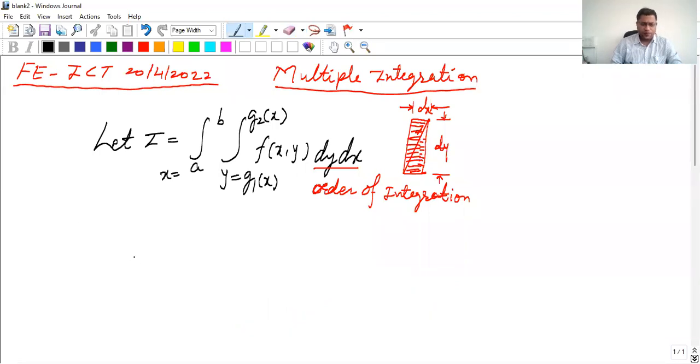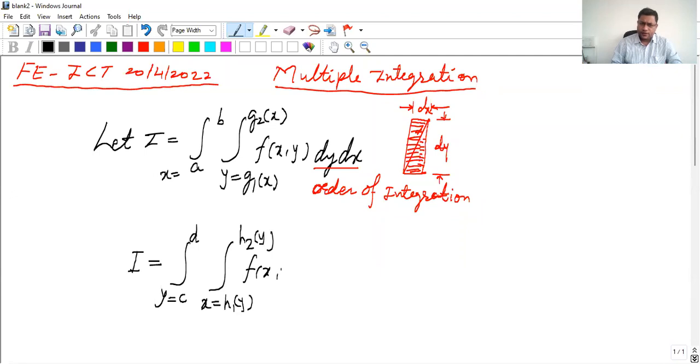By Fubini's theorem, the same integral can be written using a change of order. Here y runs from c to d, and x runs from a function of y, h1 of y to h2 of y. The function inside the integral remains the same, but we have changed the order.